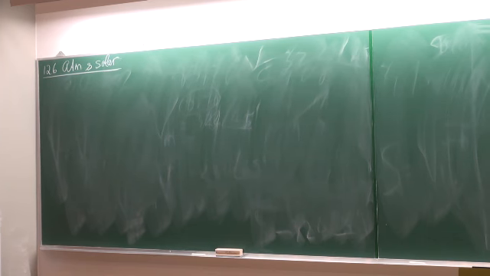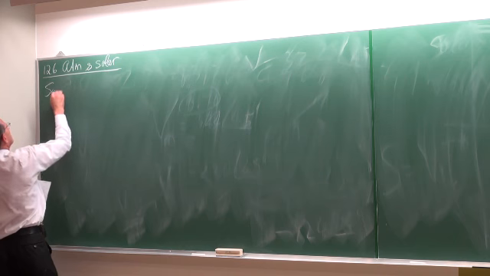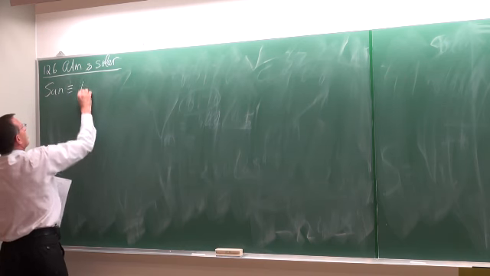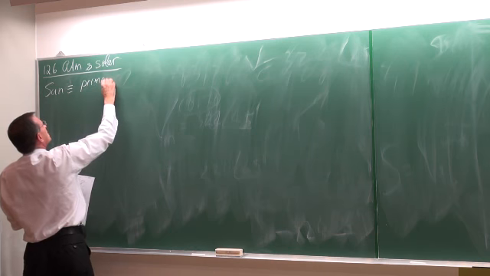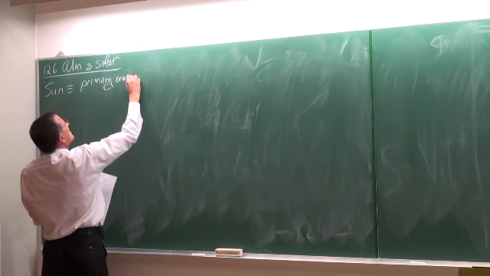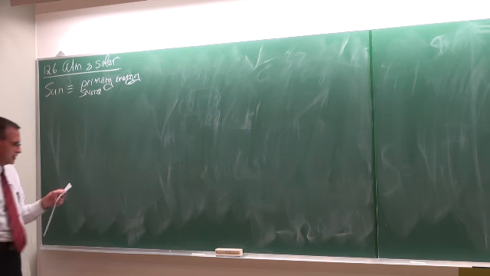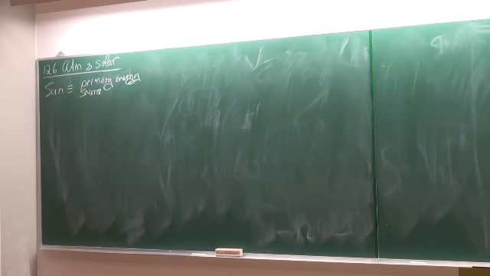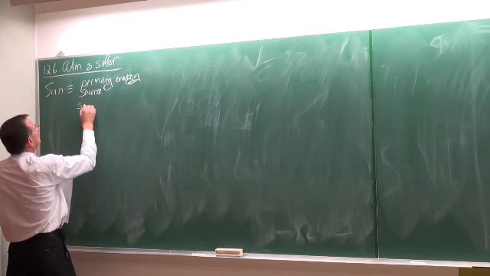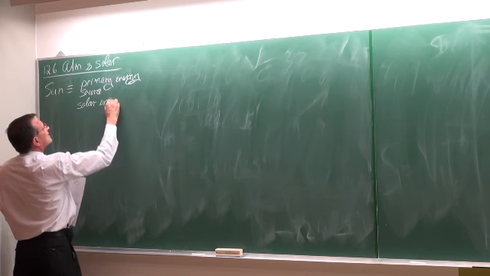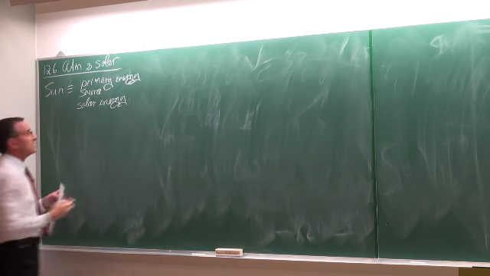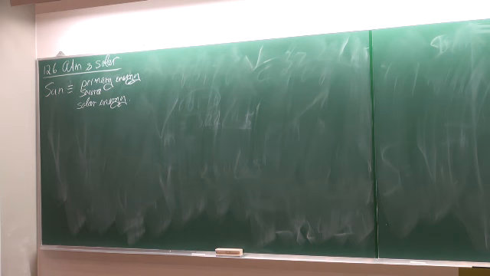Just a few interesting facts about the sun. We know that the sun is our primary energy source. And the energy that we're getting from the sun is called solar energy.